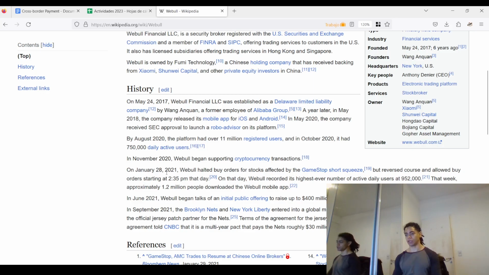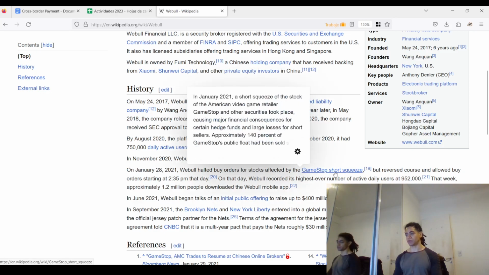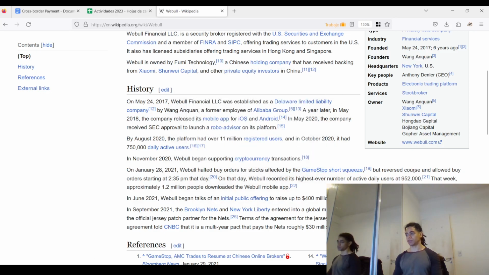In January 2021, Webull halted buy orders for stock affected by the GameStop short squeeze, but reversed course and allowed buying orders starting at 2:35 p.m. that day. On that day, Webull recorded its highest ever number of active daily users of 952,000. That week, approximately 1.2 million people downloaded the Webull mobile app.